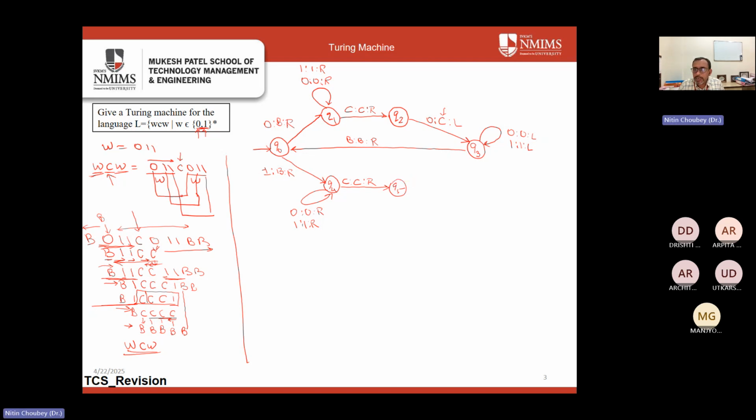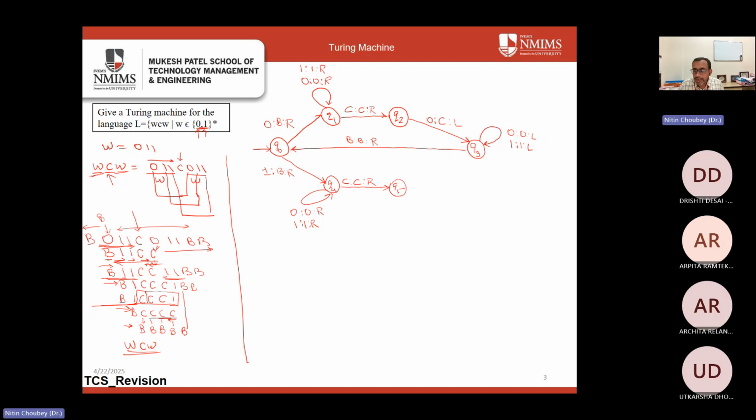We can treat it as a separator because what we are looking for is the input from the second set of symbols, which we are representing as W. So after this C, we will have those C's which in the earlier passes we received by replacing the input symbol. Those C's are as good as separators for us, so just simply skip them.